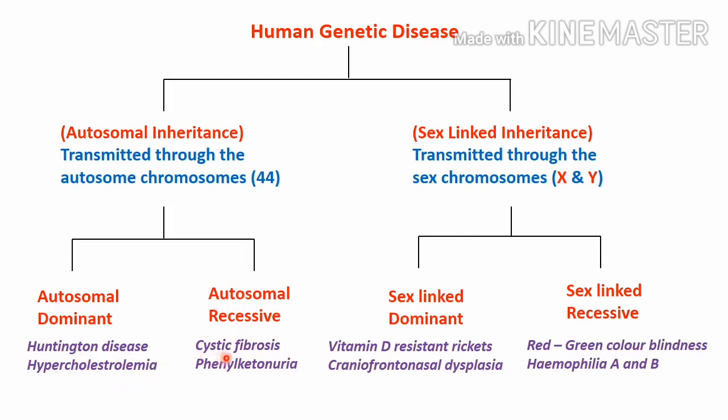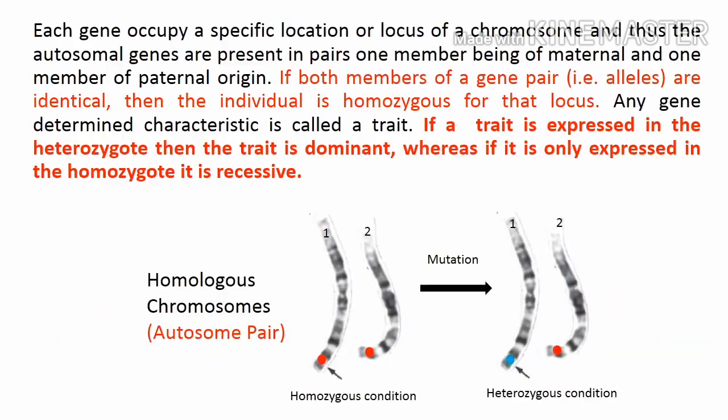Autosomal recessive are cystic fibrosis and phenylketonuria. Sex-linked dominant are vitamin D resistant rickets and cranio-frontonasal dysplasia, and sex-linked recessive are red-green color blindness and hemophilia A and B. This is the most commonly discussed genetic disease, and it is a sex-linked recessive disease.